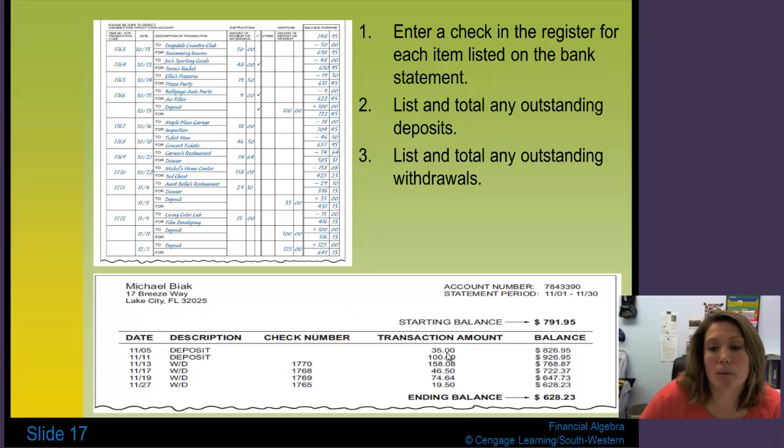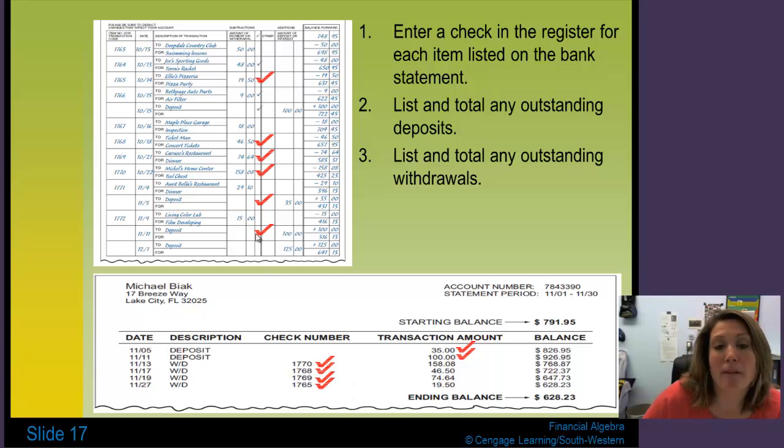So we're going to go through one by one on our register. So $35, I find that in the checkbook and I check it off. The $100, then the checks that were written for check number 1,770 for a total of $158.08, then $46.50, $74.64, and $19.50.